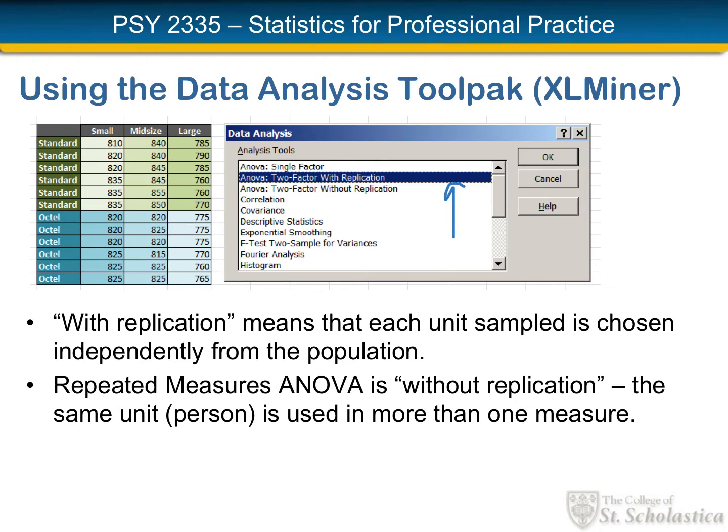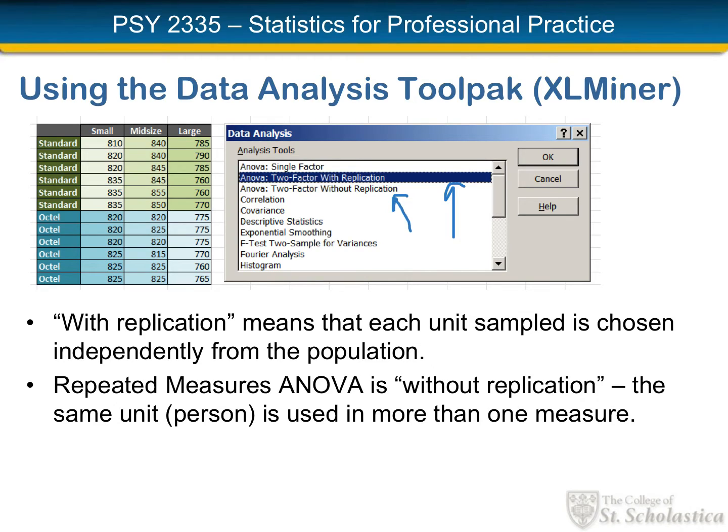That with replication means that each unit sampled is chosen independently from the entire population. So it's a statistical term that goes back to our probability. When we do look at a repeated measures ANOVA, we'll find that it's the second element here, the one that says without replication.